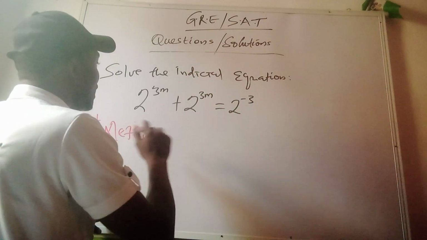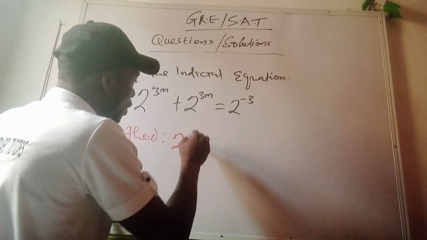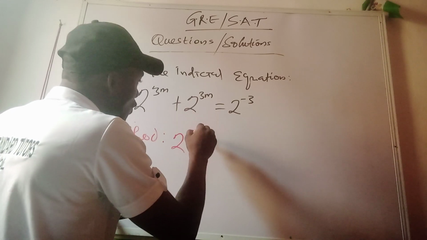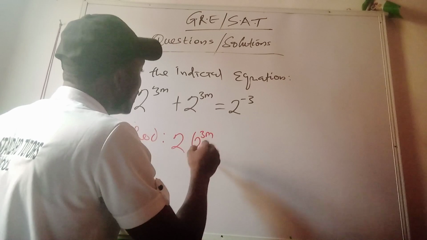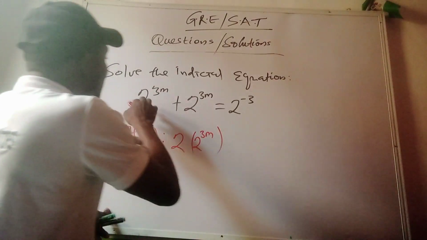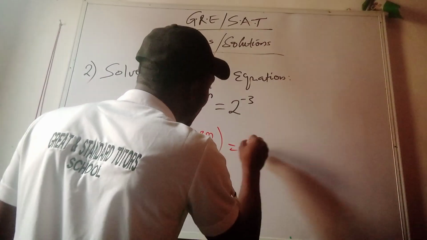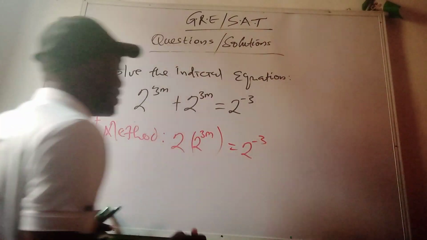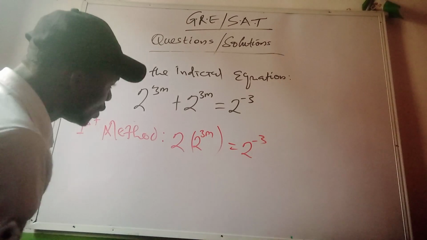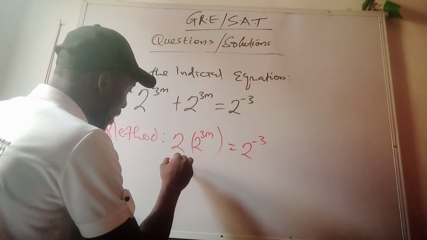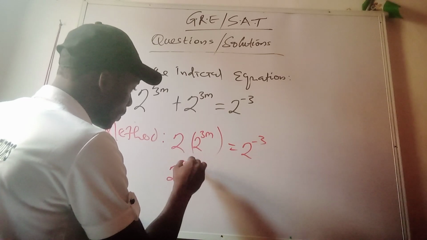If you add it up, it's going to be 2 times 2 raised to power 3m. This is 1, this is another one, making 2, and this is now going to give us 2 raised to power minus 3. So in this context, we can have this as 2 raised to power 3m plus 1.